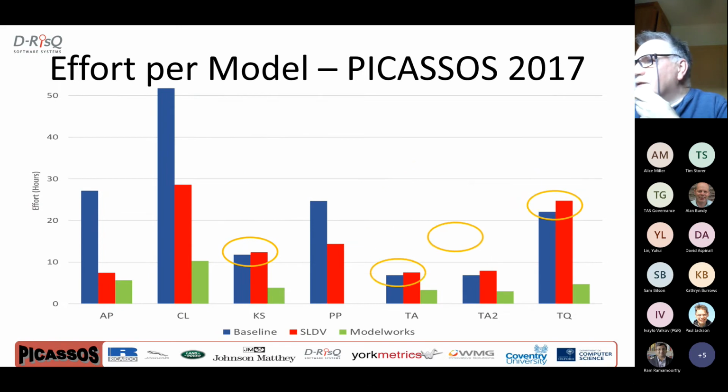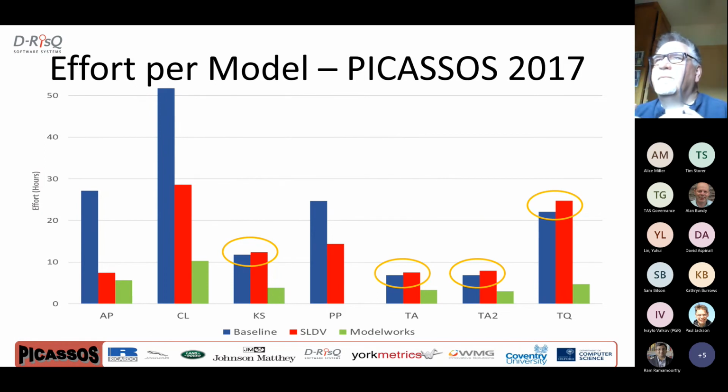And the other thing to note is that in these particular subsystems, the use of the Simulink Design Verifier was actually more costly, took more time, effort in hours, to use than the conventional methods. And I believe the reason for that is that using Simulink Design Verifier is rather like doing assertions in the code, where you have Hoare triples: precondition, the statement, and the postcondition.